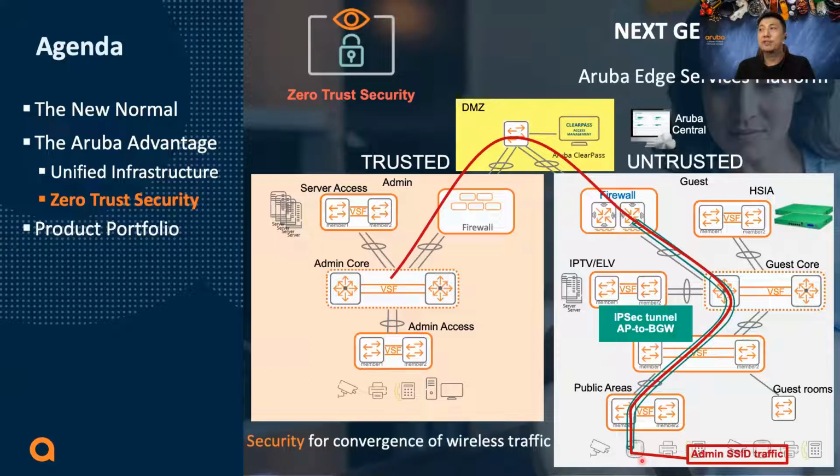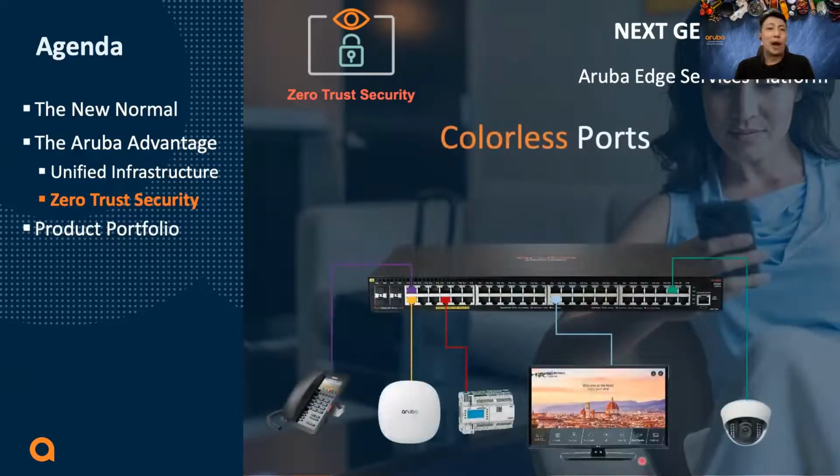Okay, so it really converges wireless traffic. Now, how about wired switches? We talked about Wi-Fi just now, let's talk about wired now. Typically, most hotels hard code the configuration for the device. For example, port 1 is an IP phone, port 2 is an AP, this port is RCU, this port is IPTV, this port is a camera.